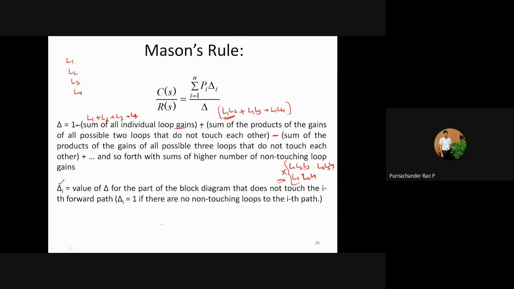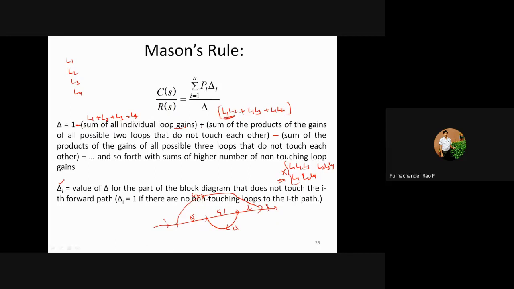If you take this, this is a forward path in this direction, with G2, G1 and a loop, say H, and another signal like this.